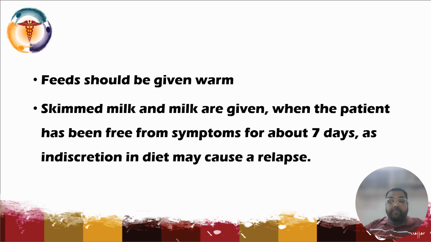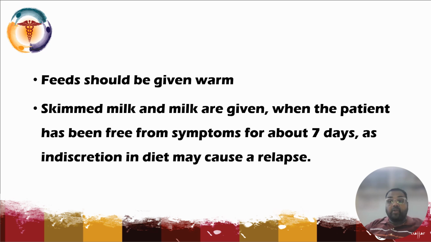Skimmed milk and milk are given when the patient has been free from symptoms for about 7 days, as an indiscreet addition to the diet may cause a relapse. So skim milk और milk हम दे सकते हैं, और उसको कब देना है कि जब 7 दिन उसके सिम्टम के जाने के बाद हम दे सकते हैं. हम डाइट में जो फॉलो नहीं करेंगे तो डिसेंट्री फिर से रिलैप्स होगा.